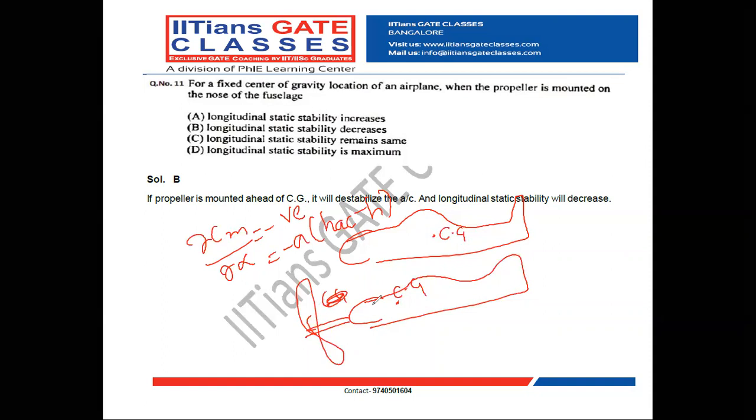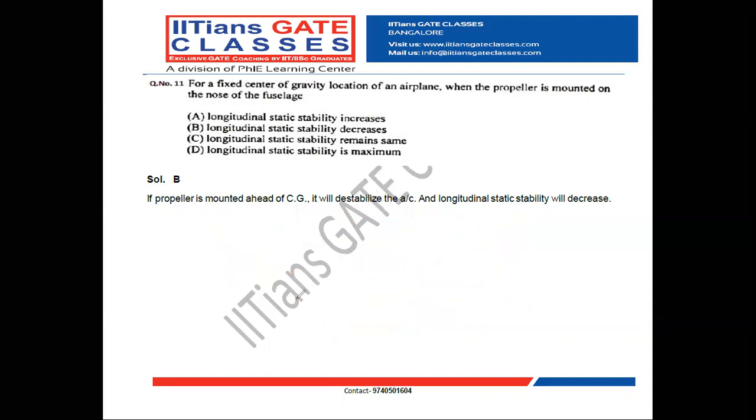But what happens here is, since there is a propeller mounted there, when it is rotating anti-clockwise, it generates a normal force like this. Let me clear all these images to show what is happening.